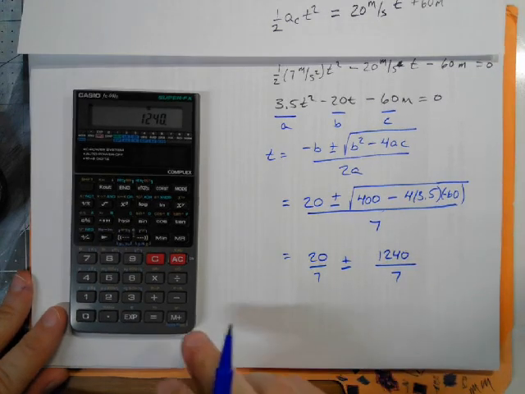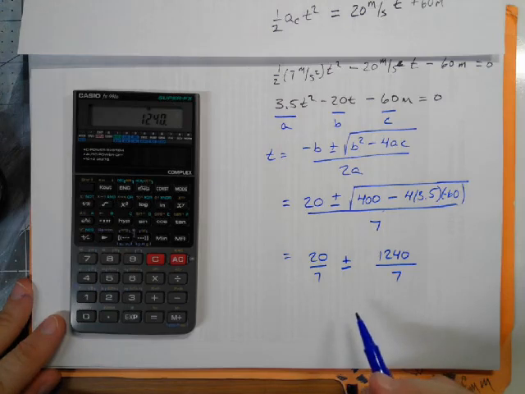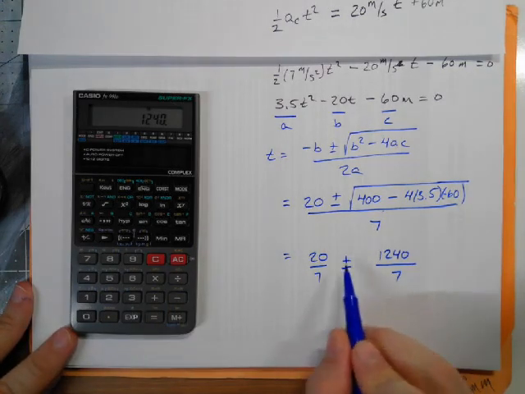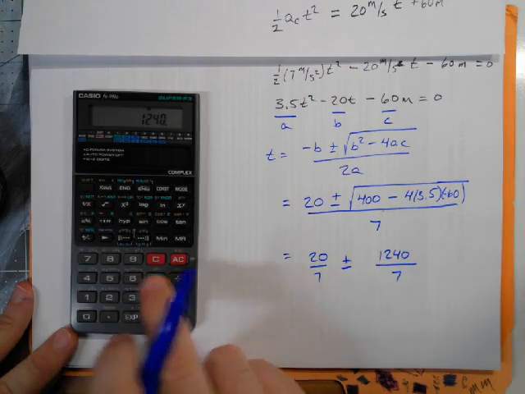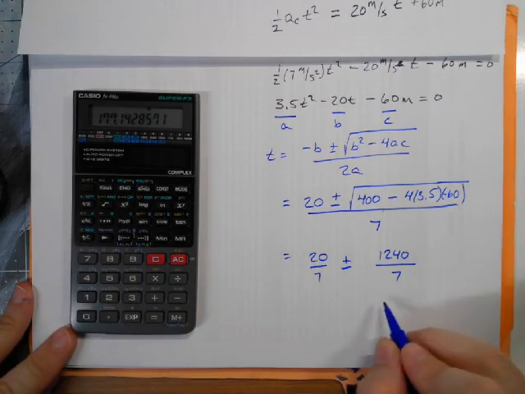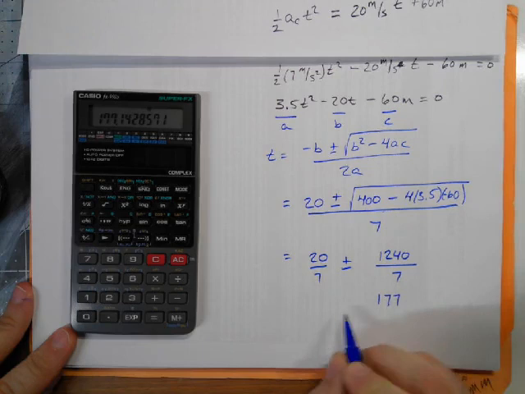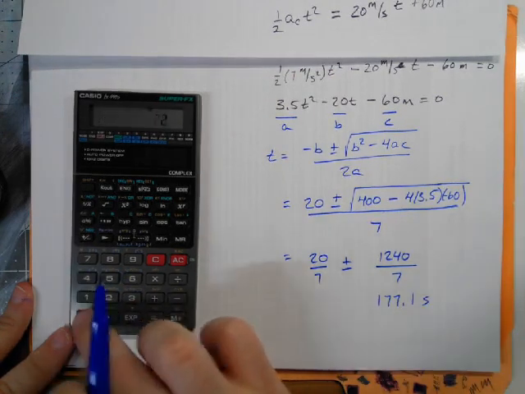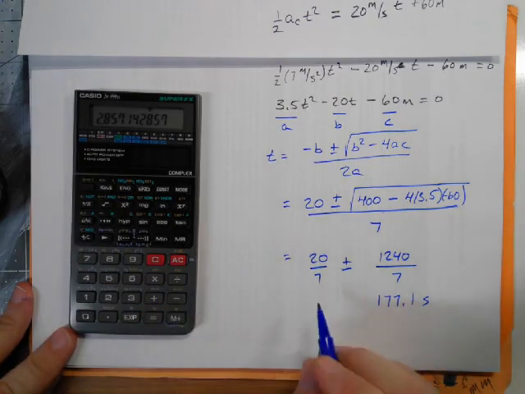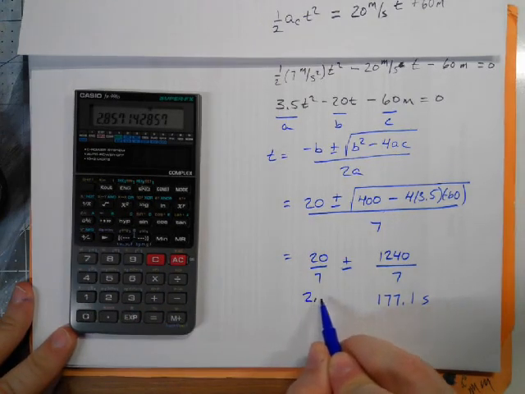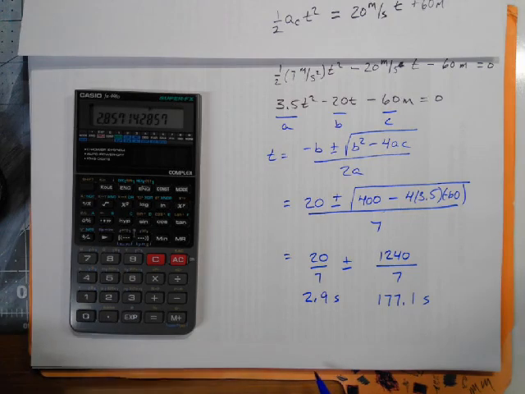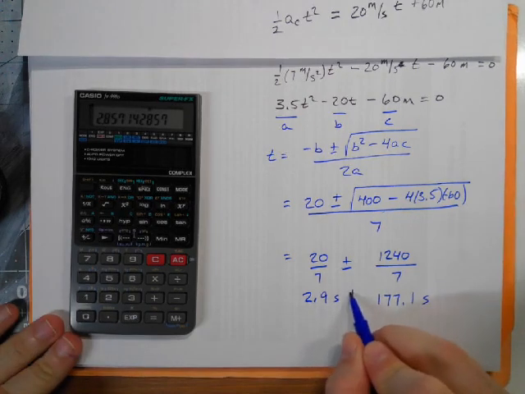And so we will have solutions that look like, well, if we're going to take the positive sign first, we'll divide this by 7. So this term is 177.1 seconds. This term is 20 divided by 7 is 2.9 seconds. Well, and this is plus or minus.